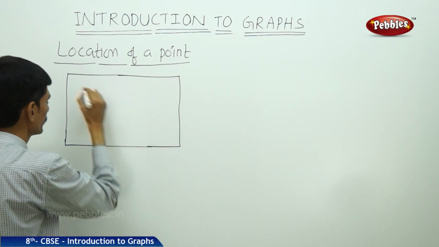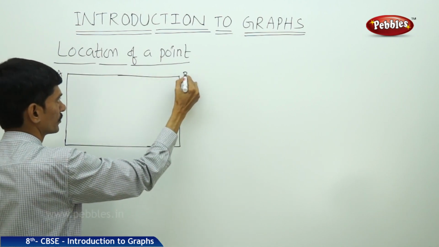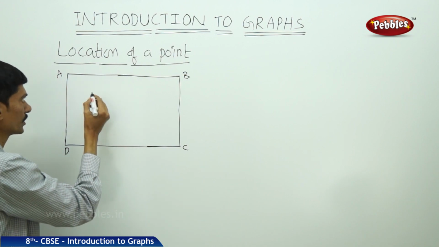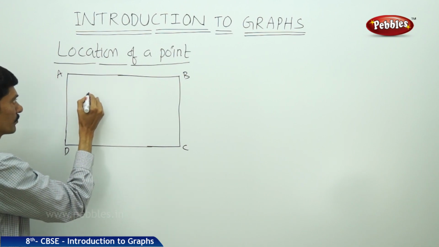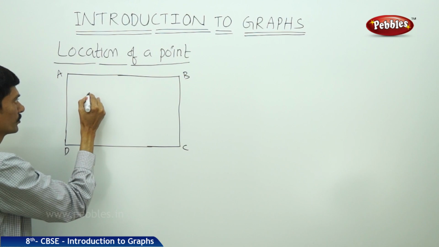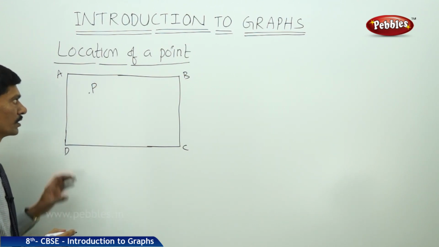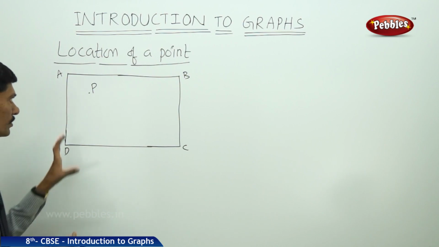Consider ABCD is a blackboard. The teacher puts the dot somewhere on the blackboard. This point is P. Now she has to describe the position of the point.